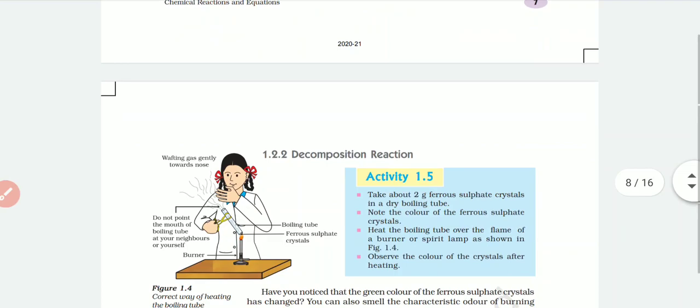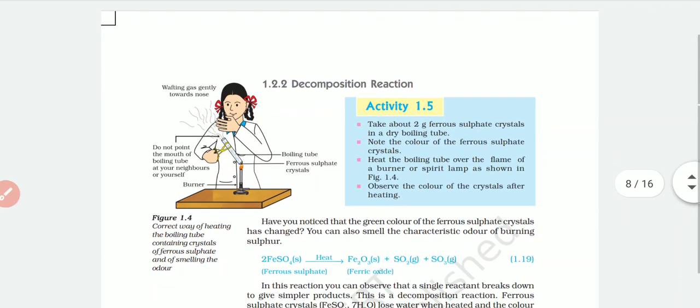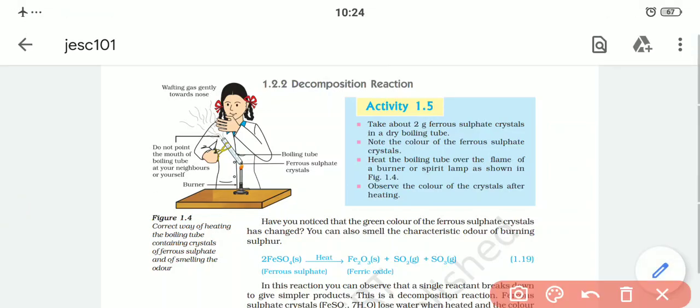Now let's discuss the second type of chemical reaction, decomposition reaction. It is the reverse of a combination reaction. Here one reactant reacts to give more than one product.